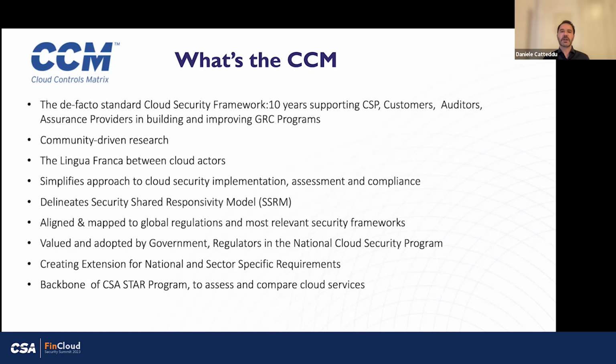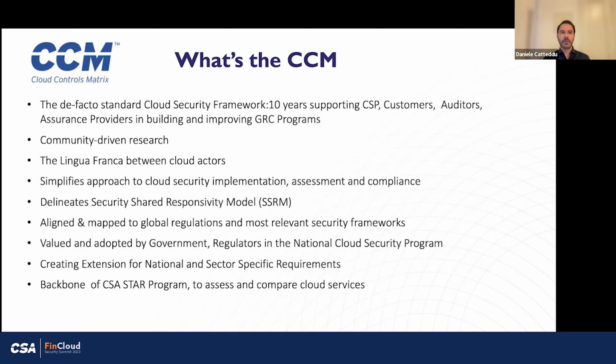Another essential feature of the Cloud Control Matrix is the fact that it's aligned and mapped to a number of different global regulations and information security standards. The reason why we did it, again, is pretty obvious. When CCM was created, there were already in the market a number of existing information security frameworks: ISO 27001, NIST 800-53, SOC 2, or better said, the Trust Services Principles, and many other standards.